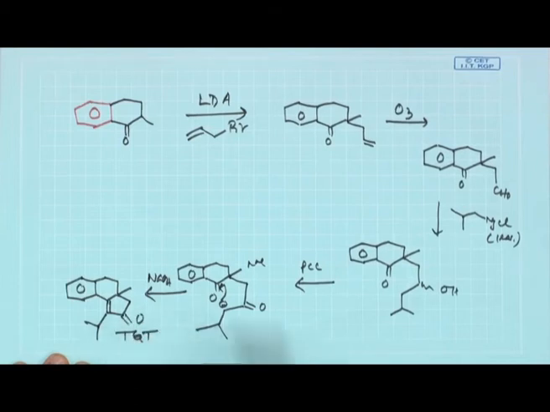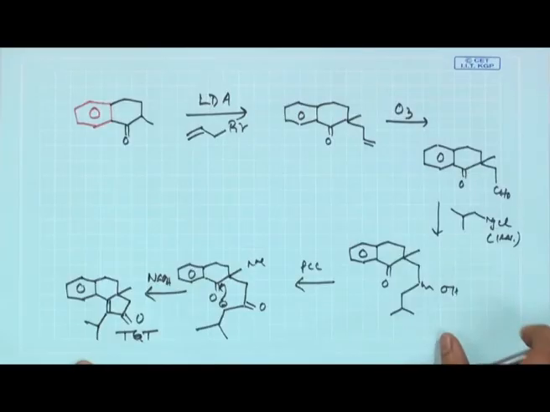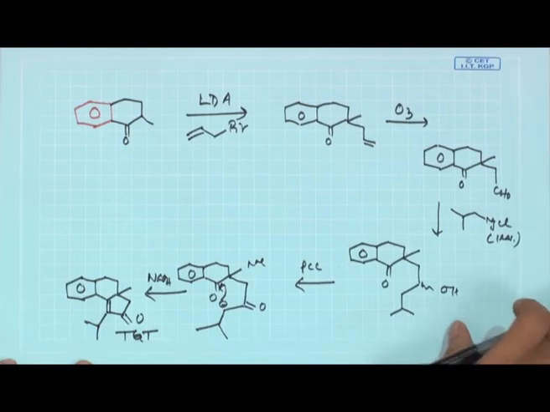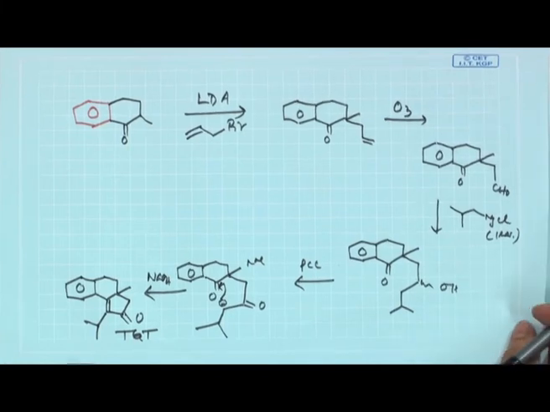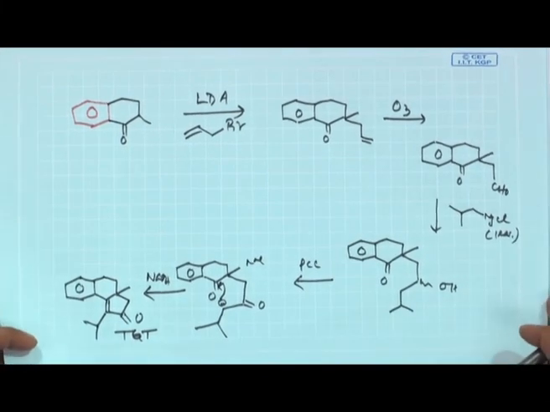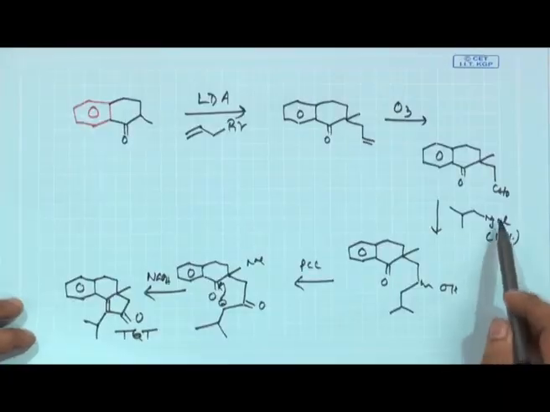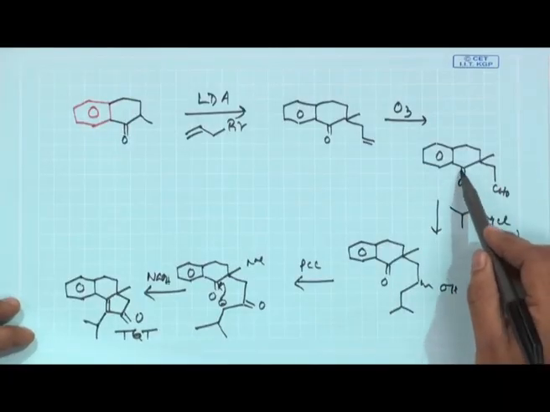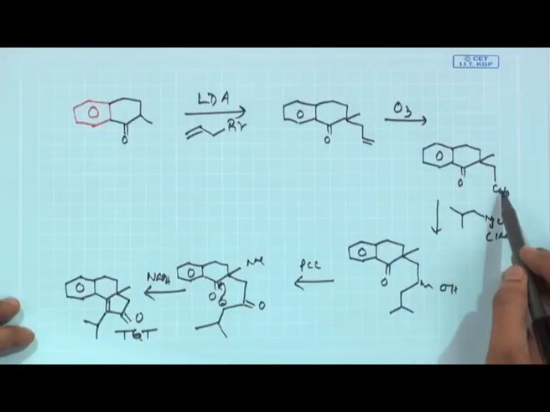So, it is a very straightforward disconnection, but stepwise you are disconnecting it. The transformation we are using is LDA and allyl bromide at the very beginning, then you do an oxidative cleavage of this double bond, you use the isobutyl magnesium chloride. Now, you remember that here we basically have a ketone as well as an aldehyde.